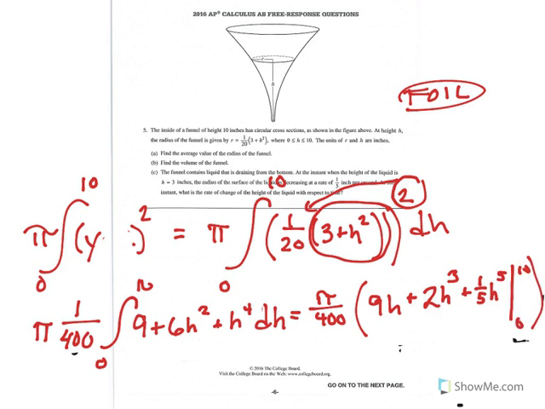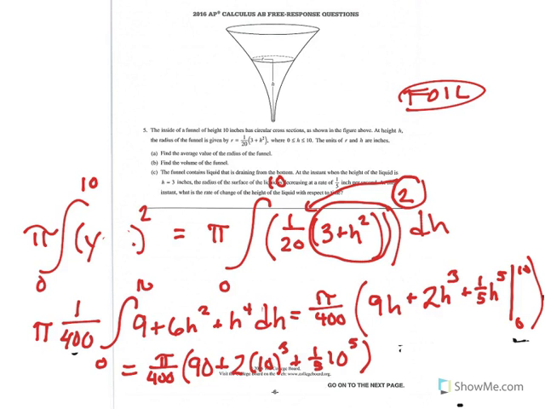Once again, that 0 isn't going to come into play. So when I work this out, I'm going to get pi over 400 times 90 plus 2 times 10 to the third plus 1/5 times 10 to the 5th is the answer. I'm not going to simplify it. I'm going to leave it just like that. That's the correct formula for volume.